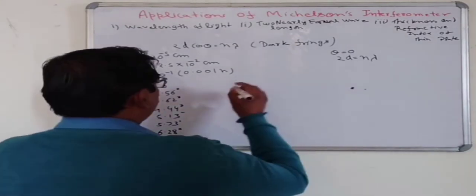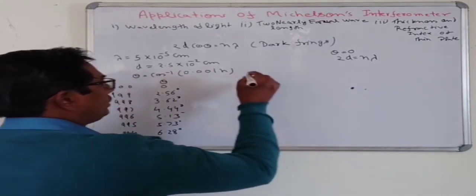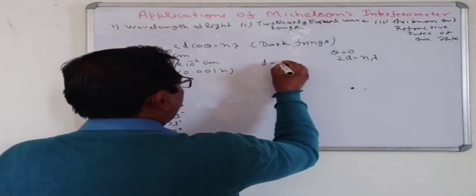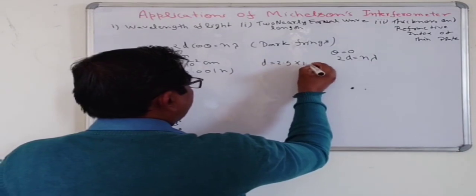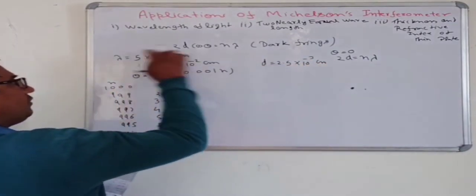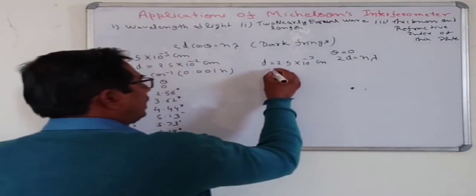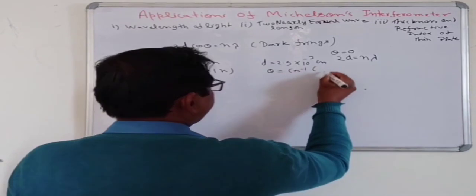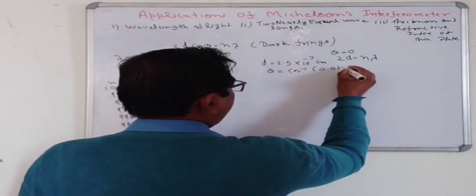And when d is decreased by one order, d is equal to 2.5 into 10 to the power minus 3 centimeter, and the wavelength is the same. Now theta is equal to cos inverse 0.01 n.